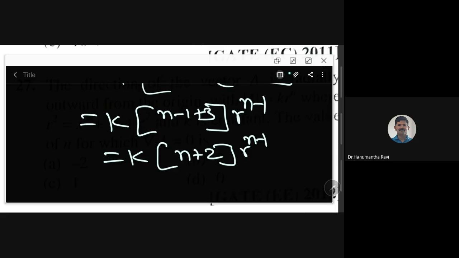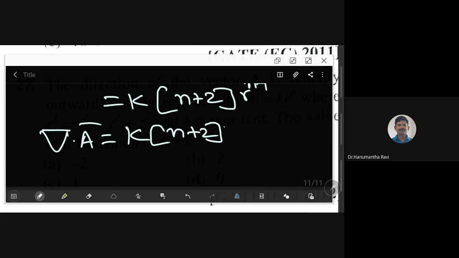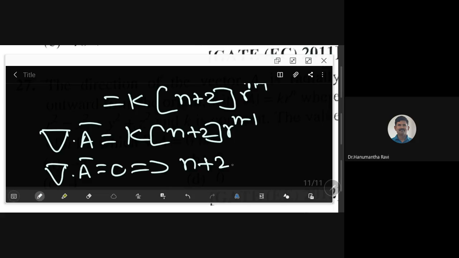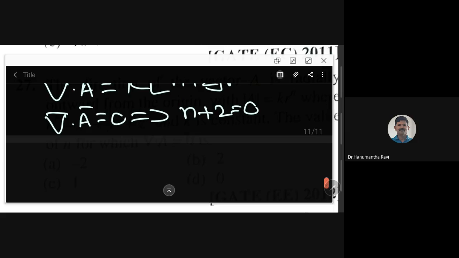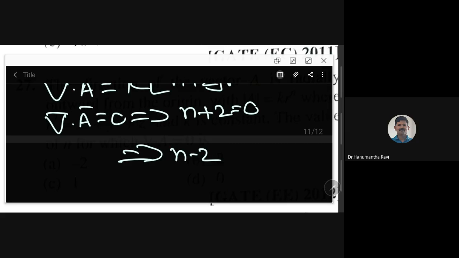So what we have achieved is divergence of A bar is equal to k into n plus 2 into r power n minus 1. Now divergence of A bar equal to 0 implies n plus 2 must be equal to 0. So this implies n is equal to minus 2. That is the answer. Good.